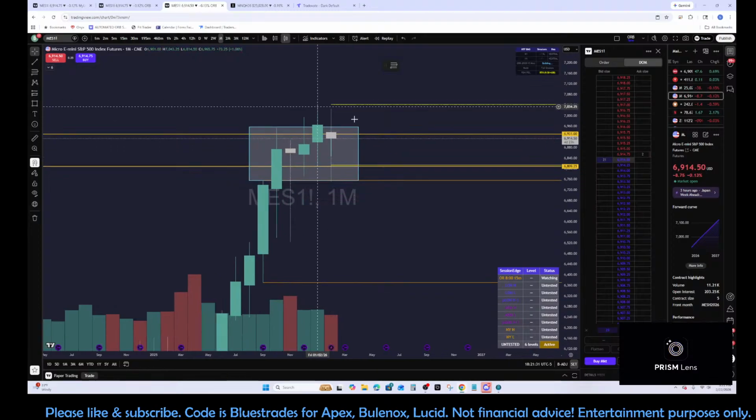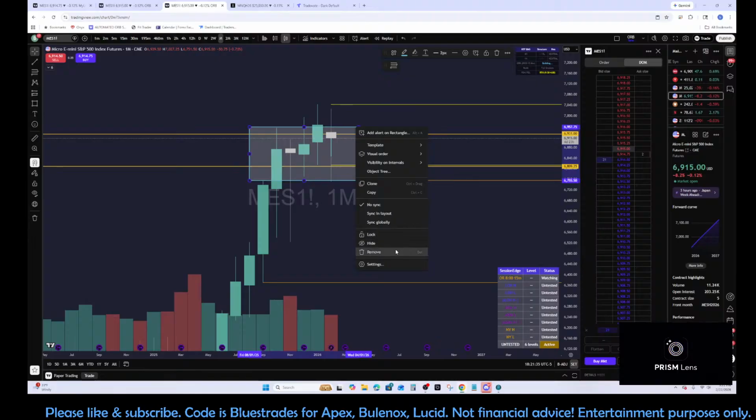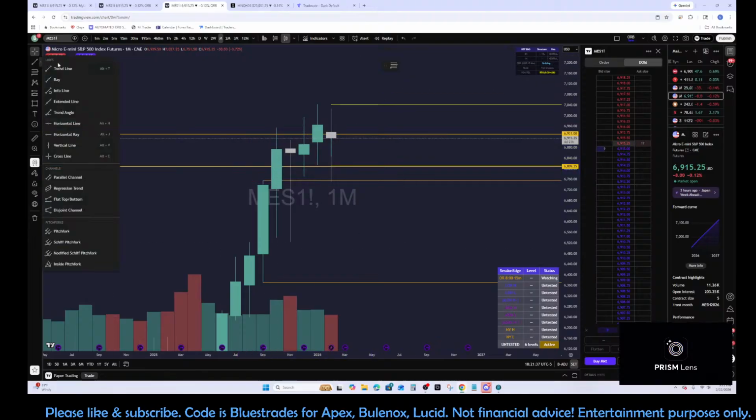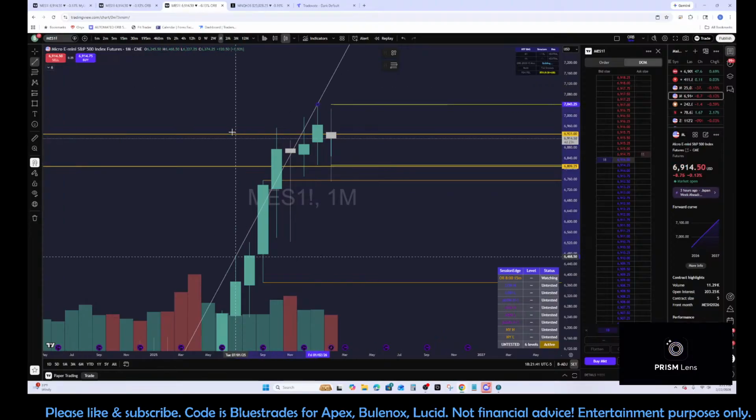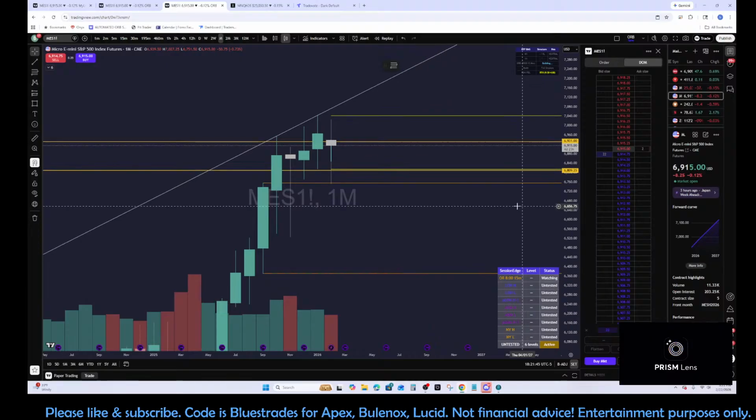If you want to look at it from another Strat perspective, let me remove the box here. If you want to go into the broadening formation, there's a broadening formation, right?